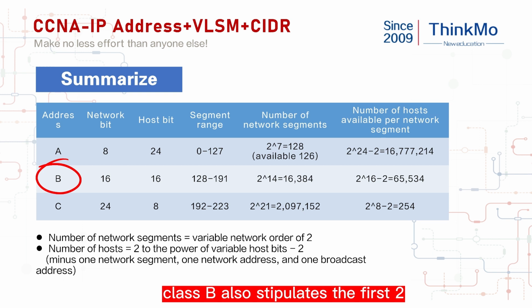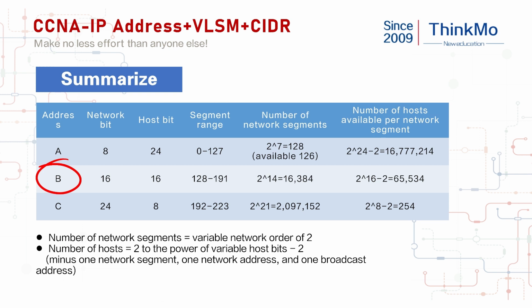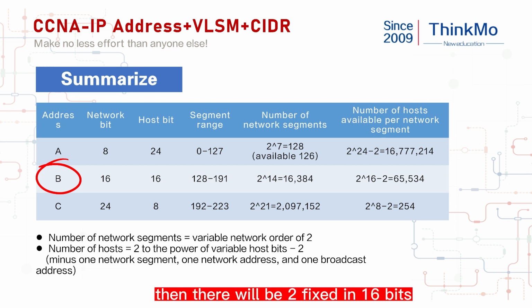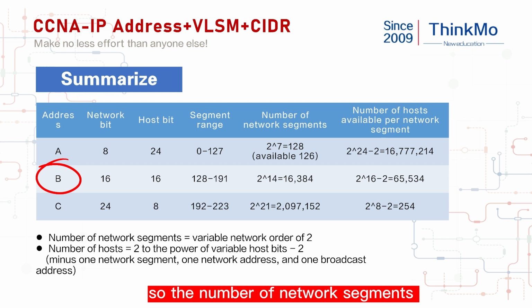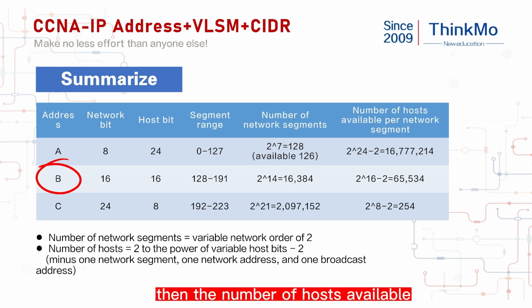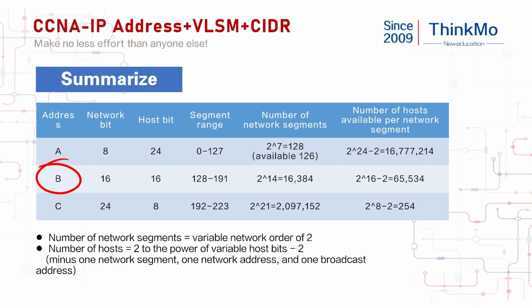Class B also stipulates the first 2 bits are fixed, so 2 of the 16 bits are fixed. Actually, there are only 14 variable network bits, so the number of network segments is only 2 to the 14th power. Don't get confused here.